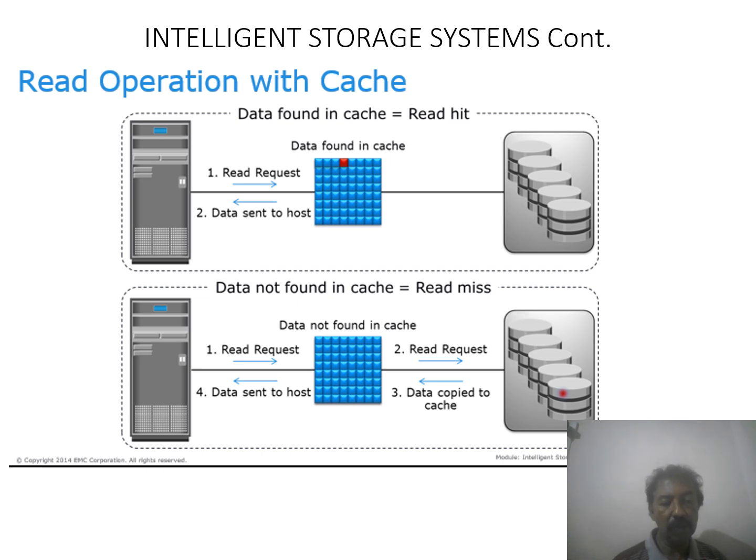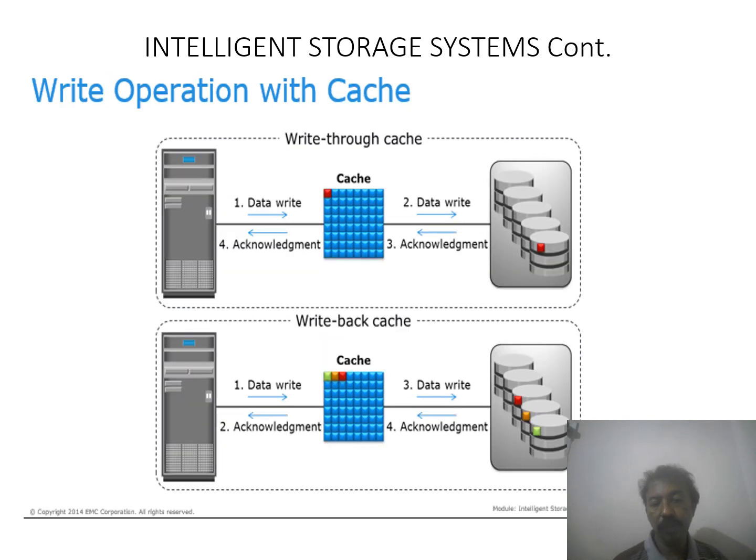But if it is not found, the read request is sent through the cache to the disk, then it will fetch the data, the data is sent to the cache, and from the cache it is sent to the host.